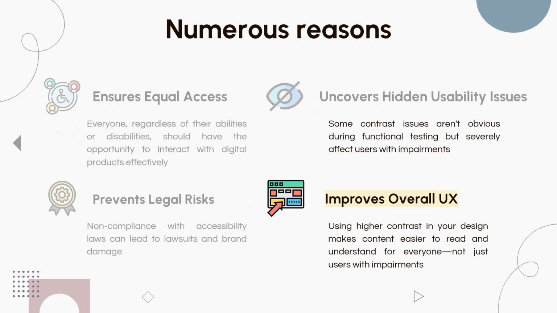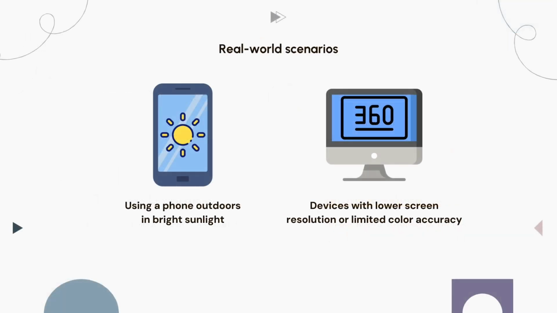Lastly, it improves overall user experience. Using higher contrast in your design makes content easier to read and understand for everyone, not just users with impairments. It strengthens the visual hierarchy, helping users quickly spot important information. This is especially helpful in real-world scenarios such as when someone is using their phone outdoors in bright sunlight or when viewing content on older monitors or budget devices with lower screen resolution or limited color accuracy.